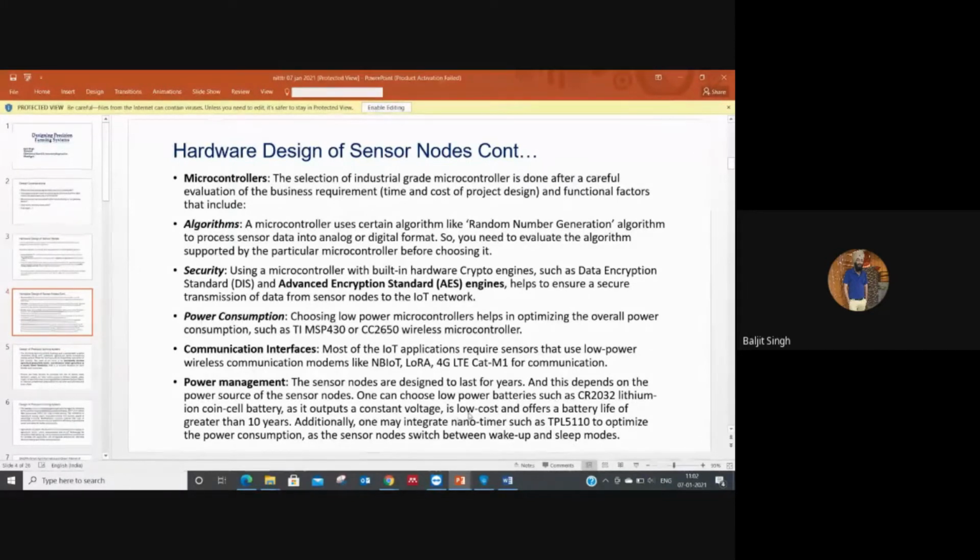The microcontroller also will use very little power, only one interrupt will be active, that will be from the nano timer, and at the particular time, with this interrupt, the microcontroller will go to the wake up mode and will start functioning. Okay.